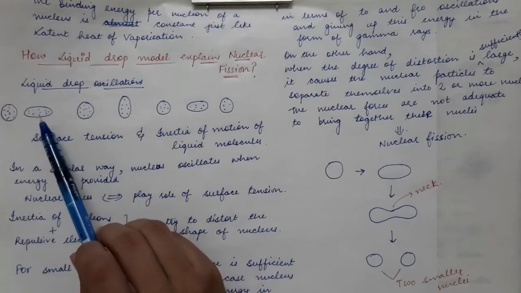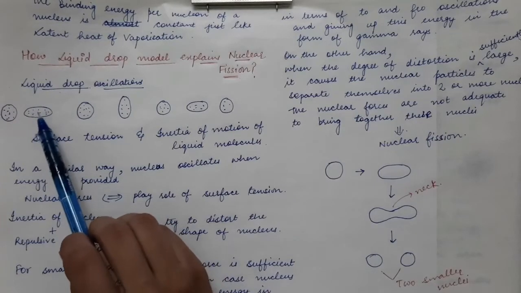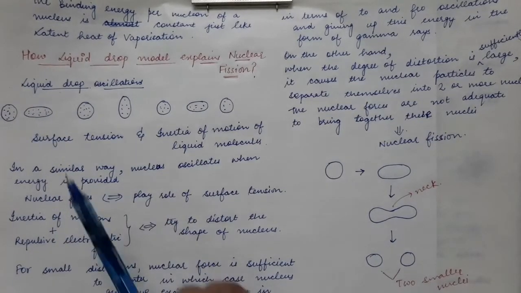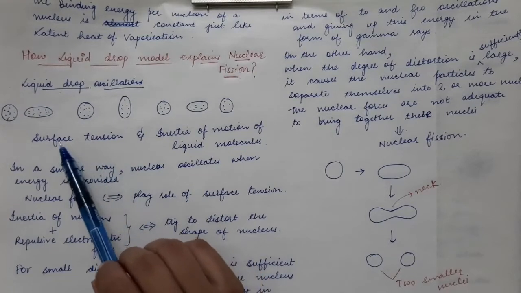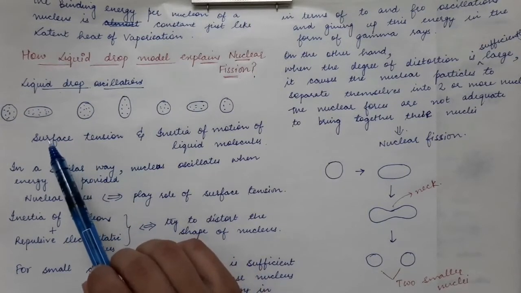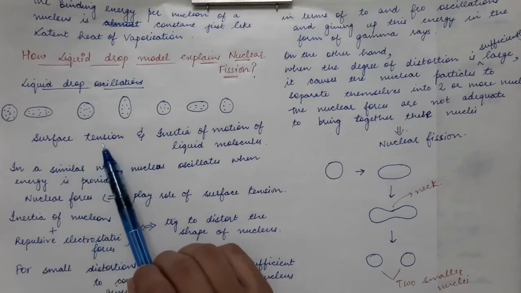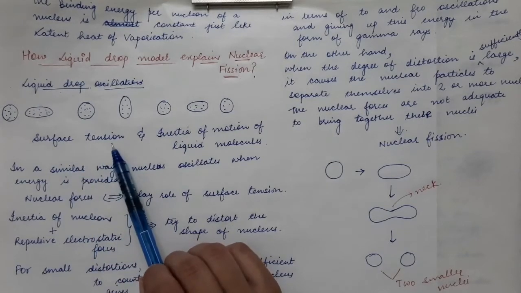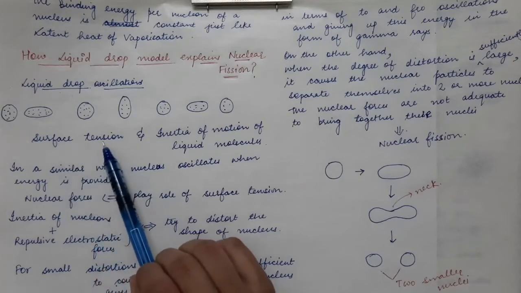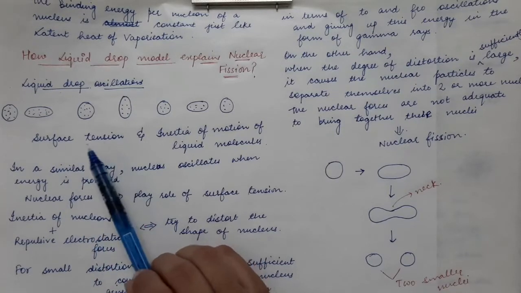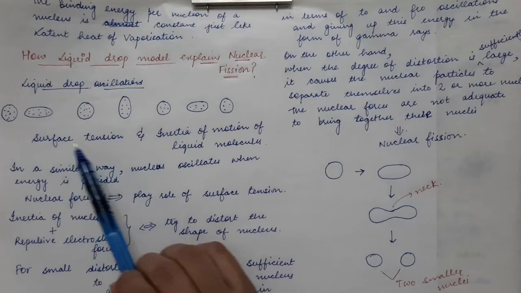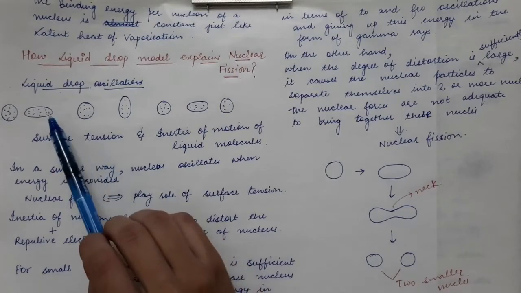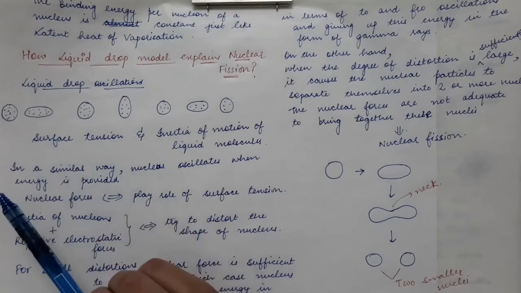There are two types of forces that act in the case of a liquid drop. First is the surface tension, which is an attractive force, and it tends to bring the liquid drop back into its spherical shape.